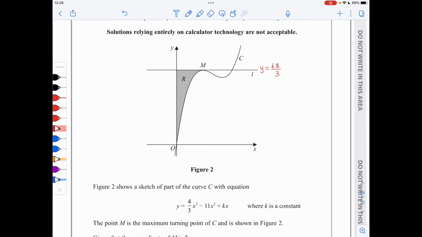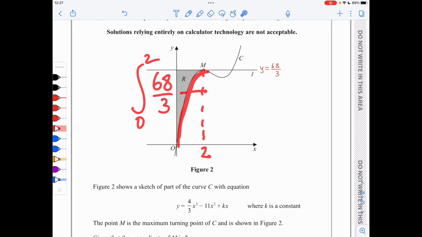I see that the region R here is bounded above by the straight line and from below by the curve. So I will integrate from 0 up to 2, the 2 being the endpoint here, the line above, 68/3, minus the curve below, which was the y from here, with respect to x always.